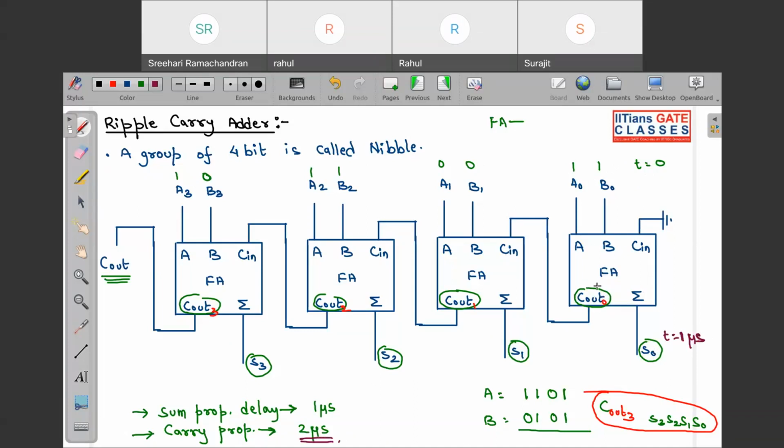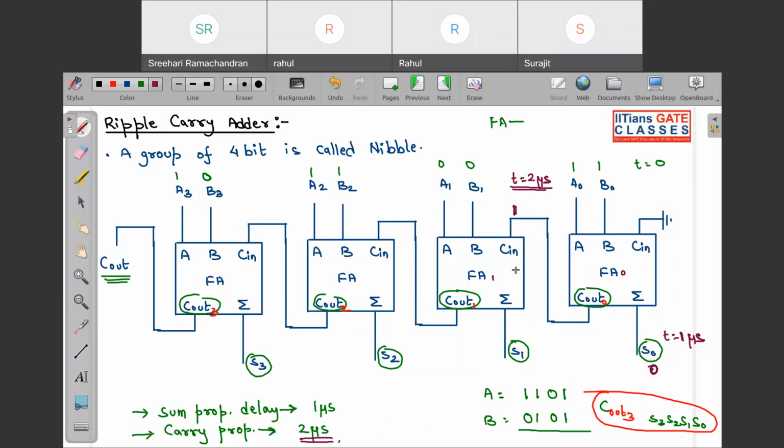So after 2 microsecond, what will I get? These two bits are 1 1. So S0 will be 0, because these two bits are being added. 1 plus 1 is 0. Carry out will be 1. And this we are applying at t equal to 2 microsecond.